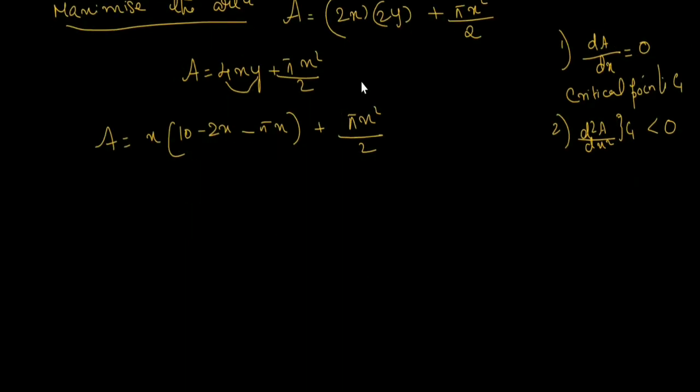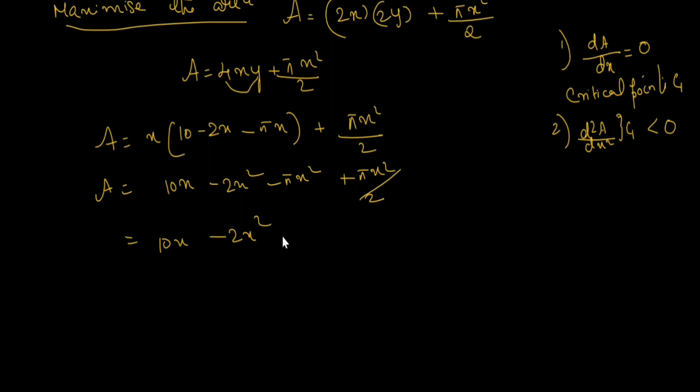Multiplying, the area is 10x minus 2x square minus pi x square plus pi x square by 2, that is 10x minus 2x square minus 1 by 2 pi x square. This is area. Now differentiate this.